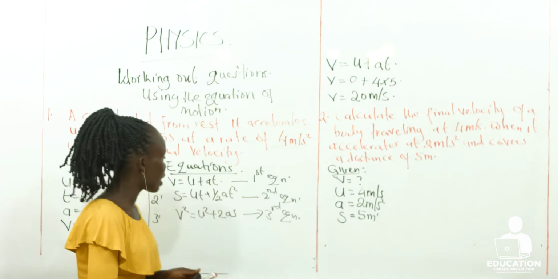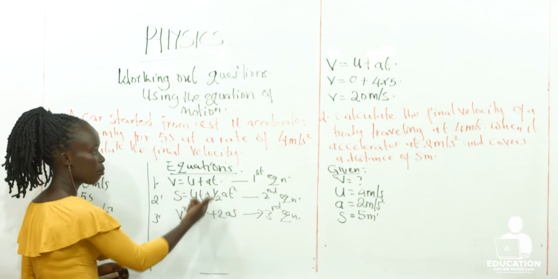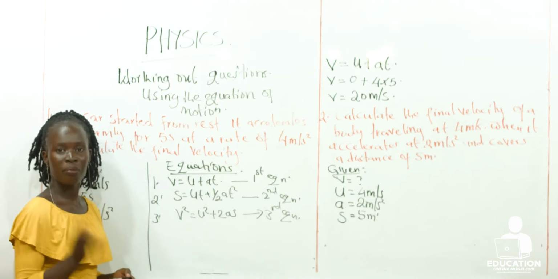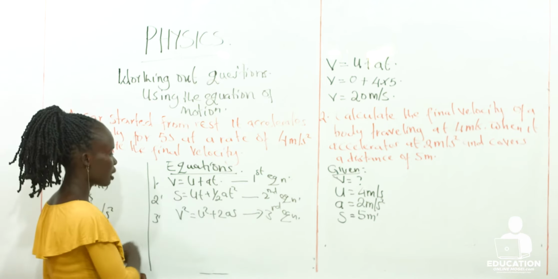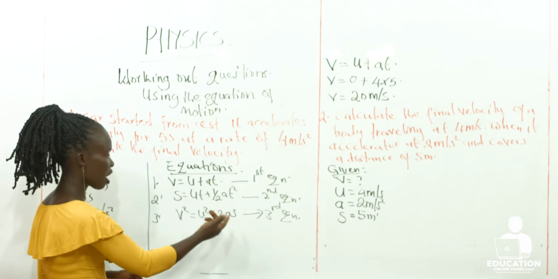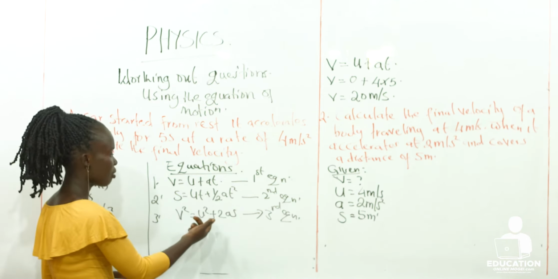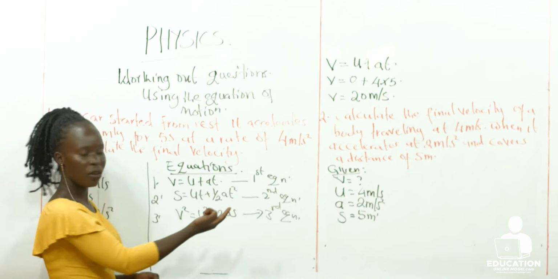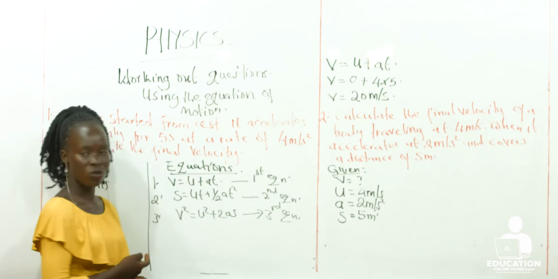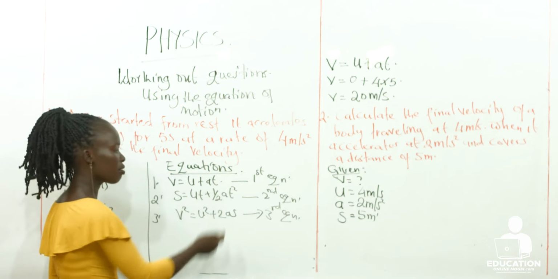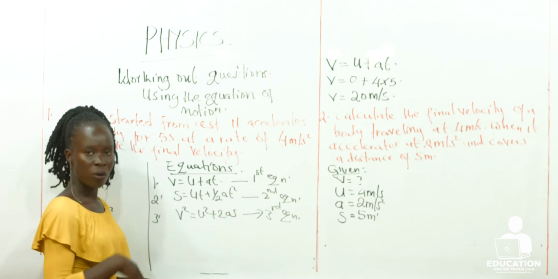If you look at equation 1, there is time and our question doesn't have time, so we leave it out. You come to equation 2, it has the s, yes, it has acceleration, it has the velocity, but it doesn't even have the final velocity. The major thing you want to find is not in equation 2, and equation 2 has the time, which we don't need. So we throw that out.